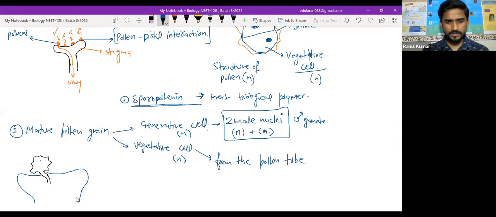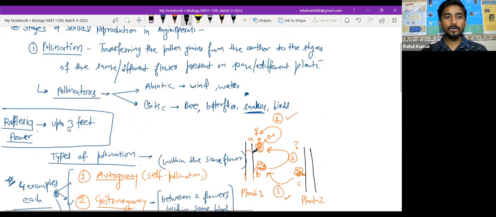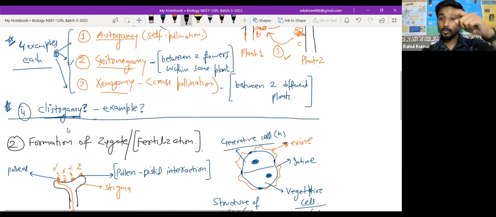You can appreciate it is just a zoomed in diagram. This is the stigma. This is the pollen grain. By the time this tube is forming, let's say it has reached till here. It will go even deeper. It will actually go all the way down to the ovary.